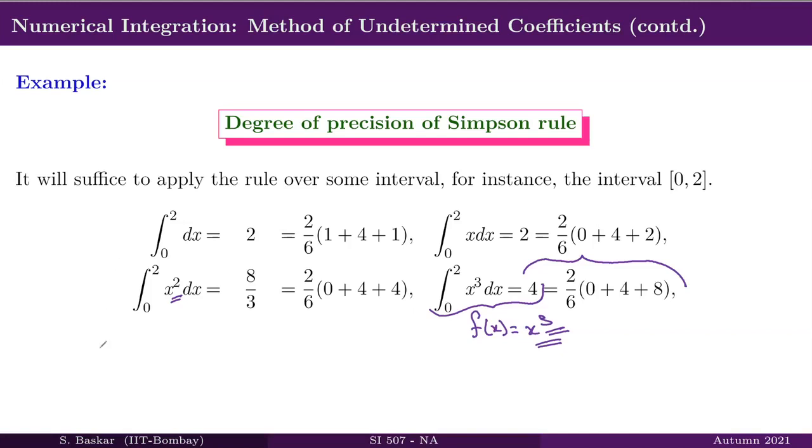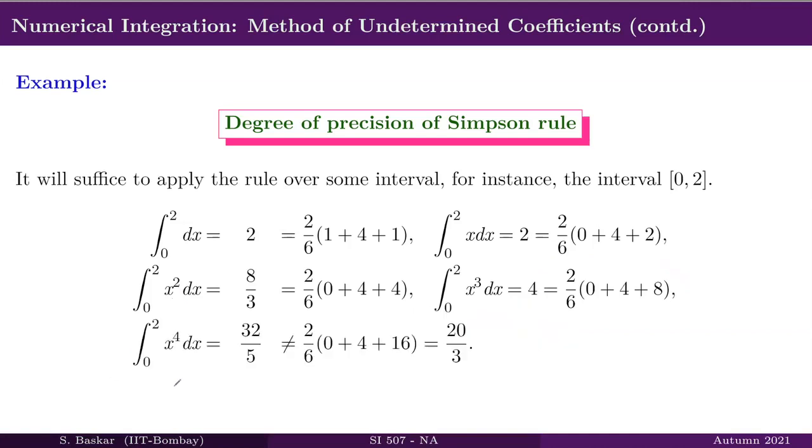Now, let us go to check for n equal to 4. That is, take f of x equal to x power 4. You can see that the exact integral value is 32 by 5, whereas Simpson's rule gives 20 by 3.